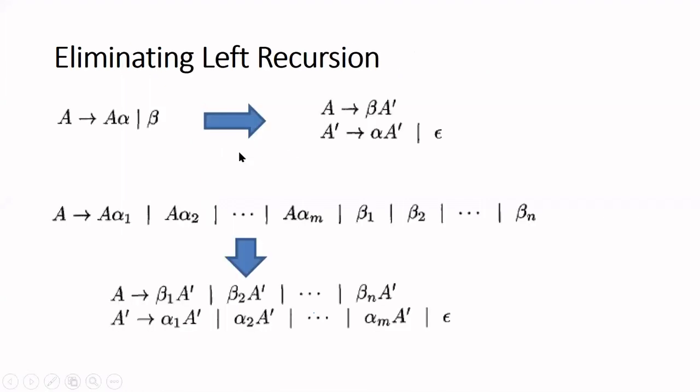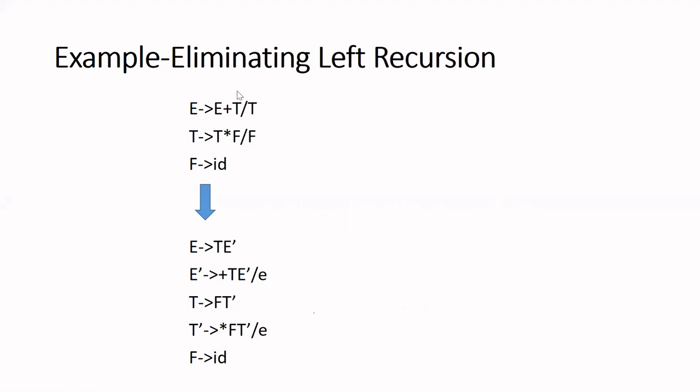If you have taken down this expression, kindly take down these expressions: the general form, A derives A alpha or beta, and A derives beta A dash, A dash derives alpha A dash or epsilon. Here you can easily categorize.